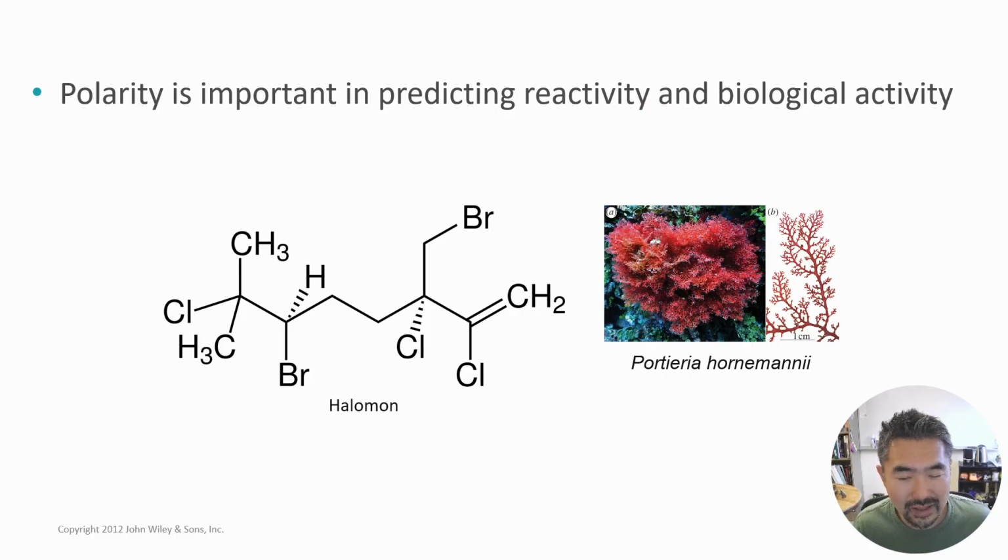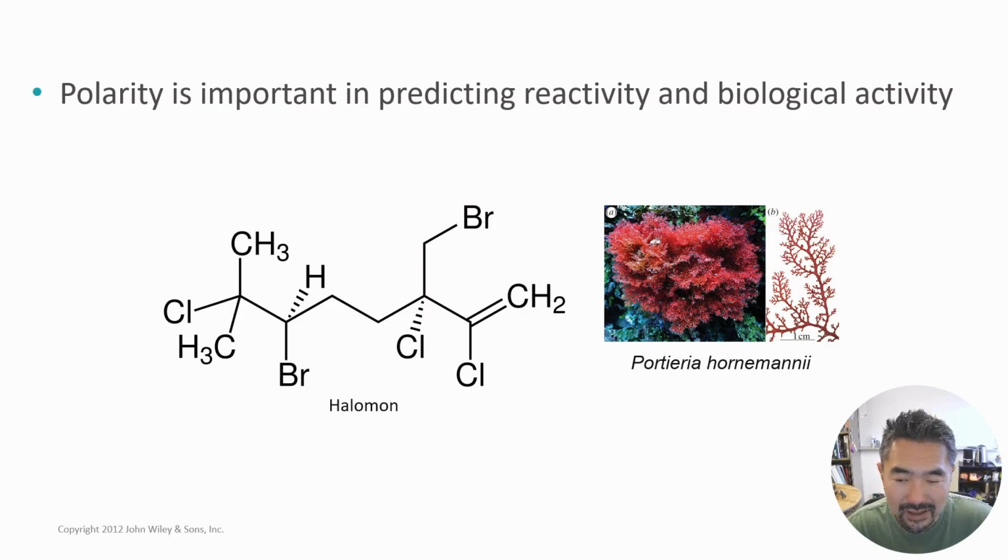Here's an interesting alkane molecule that's halogenated. It has halogens on this hydrocarbon molecule. It's called halomon. It's a natural product, a naturally produced non-primary metabolite produced by this marine algae that we found some years ago. We as in like the scientific community, I didn't.